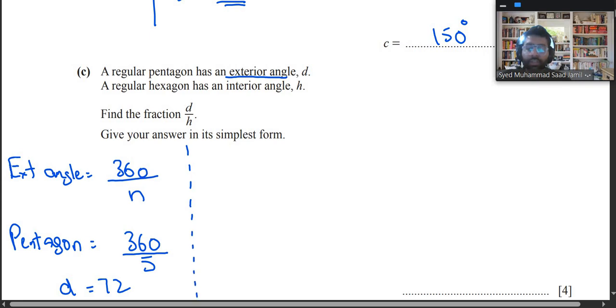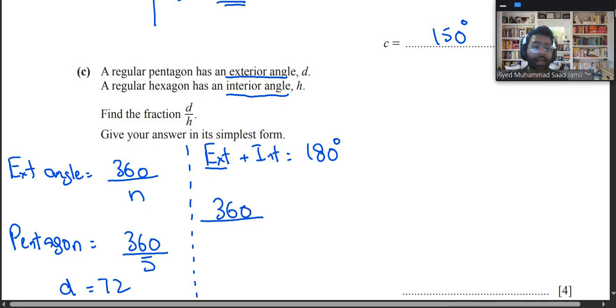Now it says a regular hexagon has an interior angle. For this we need to understand the formula that exterior angle plus interior angle is equal to 180 degrees. Now it says that the regular hexagon has an interior angle, and how can we find the exterior angle? So in order to find the exterior angle, we will do 360 divided by how many sides does a hexagon have? It has 6 sides.